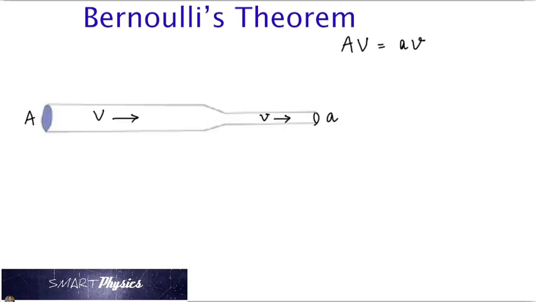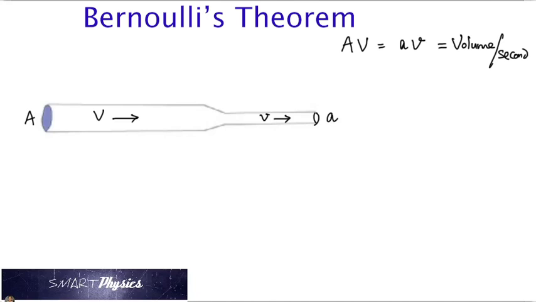In each part, area times velocity should be equal. That's called the equation of continuity, and this gives the volume flowing per second. So if I ask you to find the volume flowing per second, take either of the areas and multiply with the velocity in that cross-section.